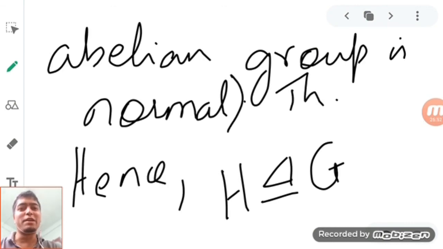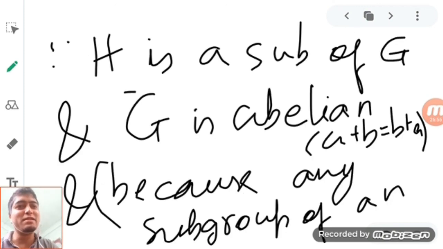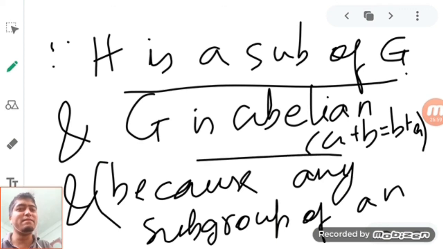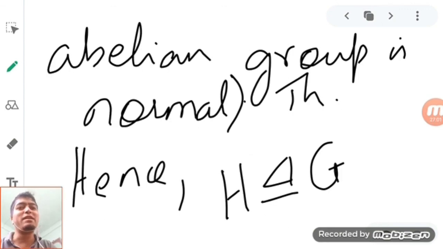By using all the three together, we can immediately conclude that H is normal in G. So the first example, we can do it in this way. I hope that is clear. I will try to send some more examples regarding the use of that theorem, that a subgroup of an abelian group is normal. But until then, it's a bye for now.